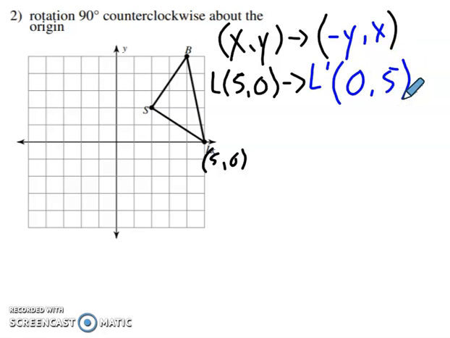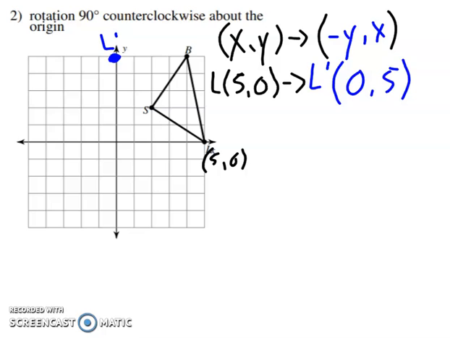So my x and y just switched. And now I take the opposite value of what was the y. So what was the y was 0, but we can't take an opposite of 0, so it's just 0. So now we have 0, comma 5. So this is L prime.